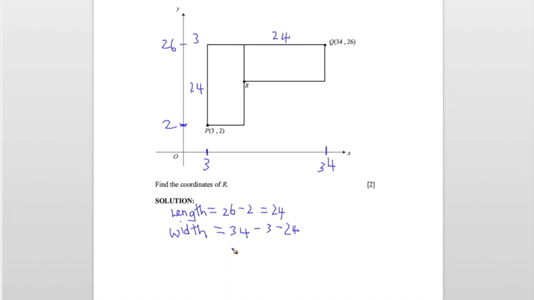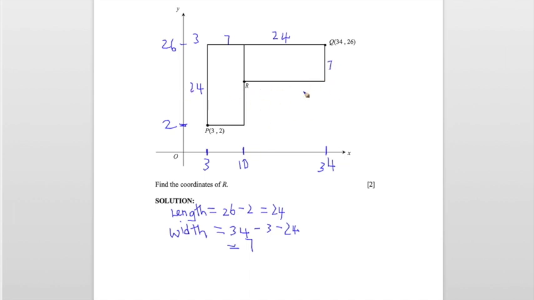And that gives us 7. Okay, so now we know this is 7. Therefore, this has to be n. Right, so now we know the coordinates. The width here is 10 minus 3, which is 7. So this is 7.